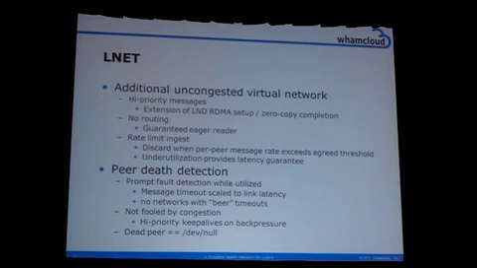So in other words, when we find that the message queue to a particular peer is no longer moving, we can exchange relatively low frequency health pings at a very low level.